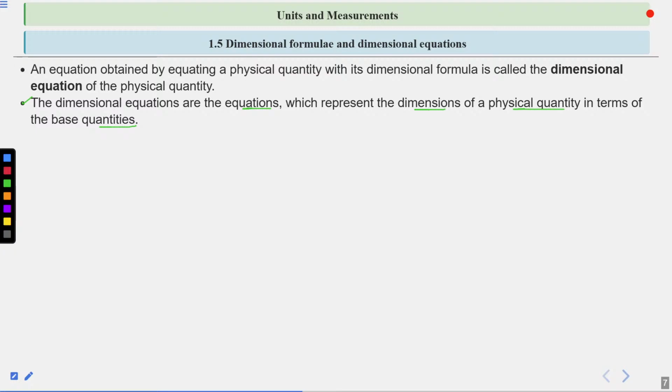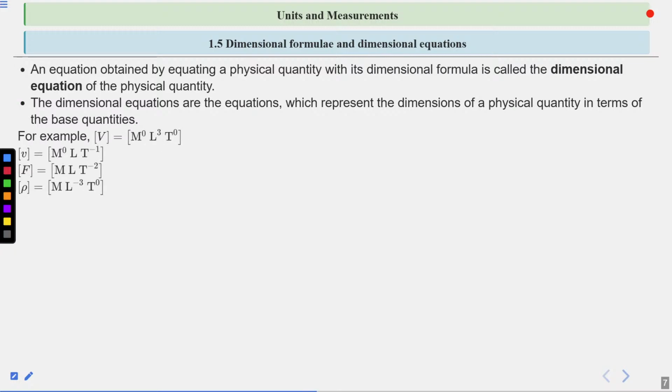We know there are 7 types of base quantities. So using the base quantities, we can derive the dimensional formula of a physical quantity in terms of M, L and T.